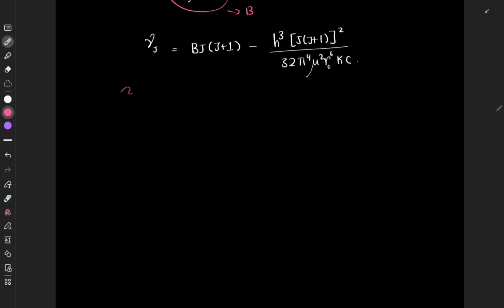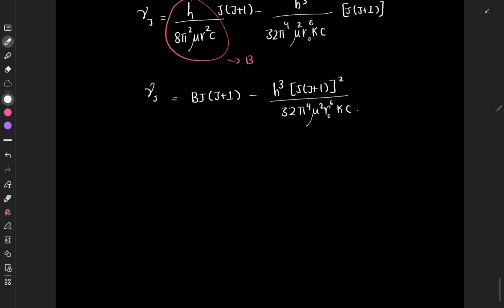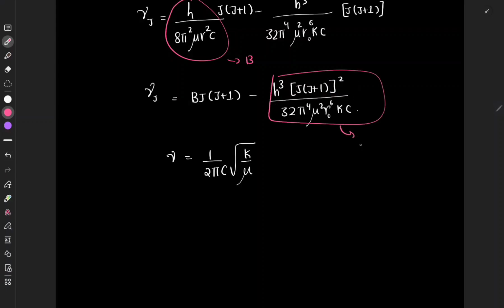As I said, B is equal to h by 8 pi square mu r square c. Just like that, nu is equal to 1 by 2 pi c root k by mu. On substituting these values, I can simplify this equation and write it like 4B cube by r naught square, j into j plus 1 the whole square.